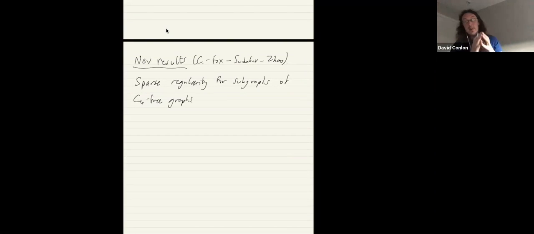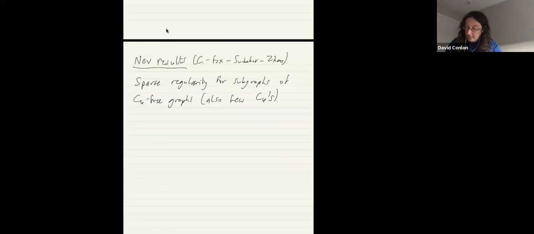The condition that gives you no dense spots and makes everything clean enough is the fact that you have no C4s. And in fact, you can also do it for few C4s. But because this C4-free condition looks quite natural, the fact that you're working relative to these graphs that contain few C4s or no C4s gets swept under the rug in applications.